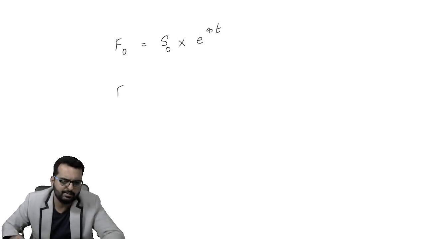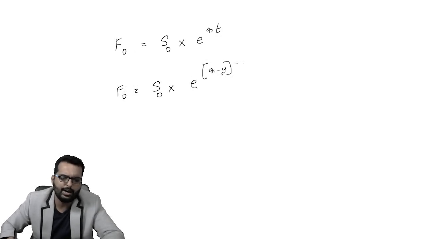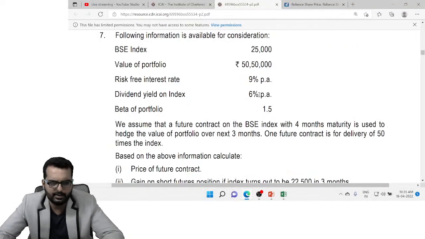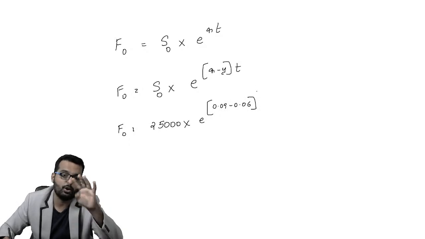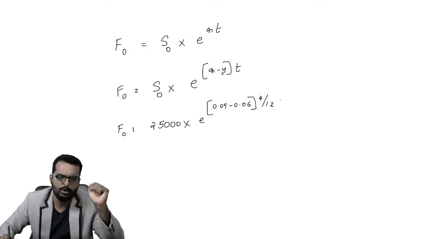Or in this case, the formula would be F0 is equal to S0 into e raised to (R minus Y) into T. So future price will be 25,000 is the spot price into e raised to, what is the rate that is given in the question? 9% minus 6%. 0.09 minus 0.06 into duration will be for how many months now? It is going to be for 4 months.